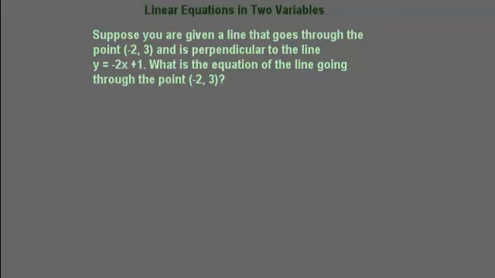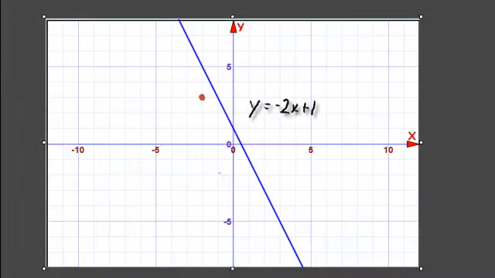Well, let's get a picture of what this looks like. All right, here's our picture. We have a line that goes right down through here. Its equation is negative 2x plus 1. There it is. We also have another line that goes through this point right here and is perpendicular to that one. So we'll just draw a quick guess of what we think it's going to look like.